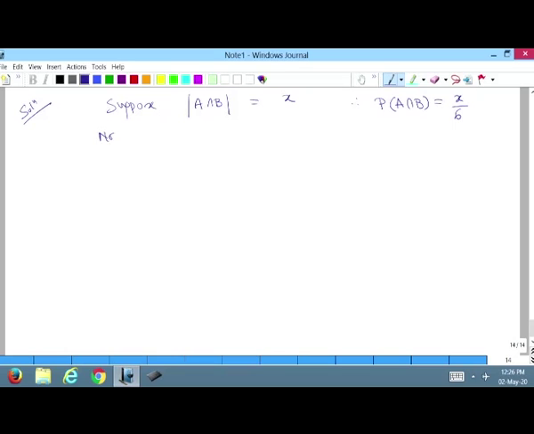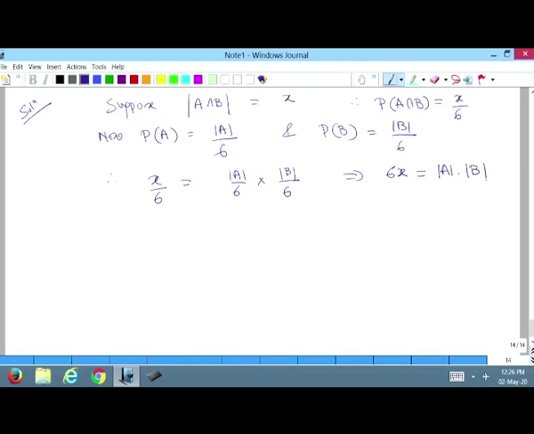Now, probability of A is equal to cardinality of A divided by 6 and probability of B is equal to cardinality of B divided by 6. Therefore, x by 6 is equal to cardinality of A by 6 into cardinality of B by 6, which implies 6x is equal to cardinality of A into cardinality of B.